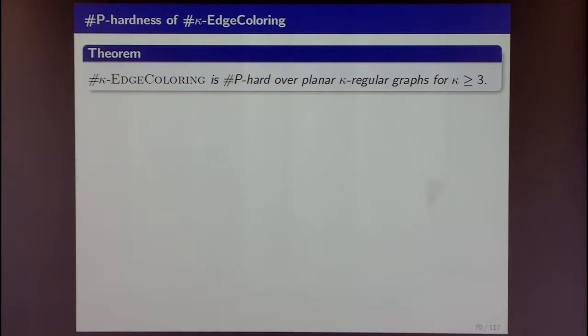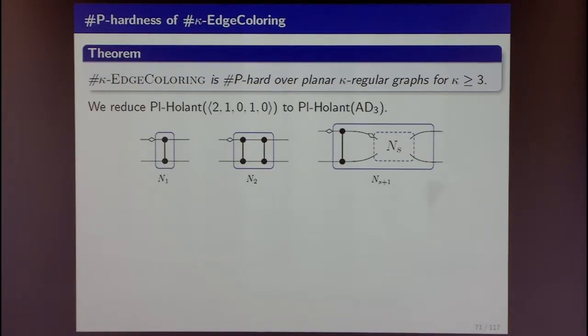And now we are ready sort of to talk about the outline of this proof of the edge coloring. We'll reduce this problem to that. Remember, this is the sum over these medial graph Eulerian partitions, which ultimately go to the Tutte polynomial that is known to be sharply hard. And we're going to reduce this to the edge coloring, that for 3 regular graphs, all distinct is 3 edge coloring.